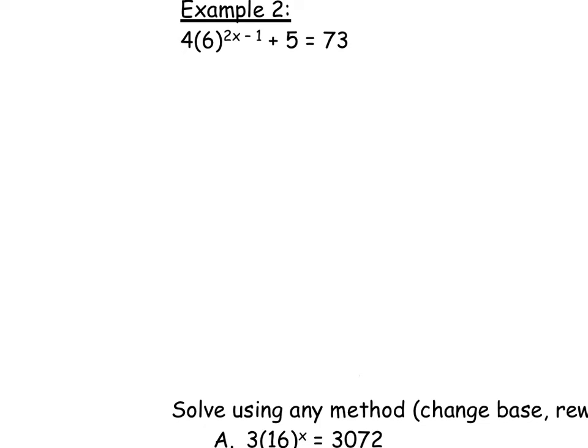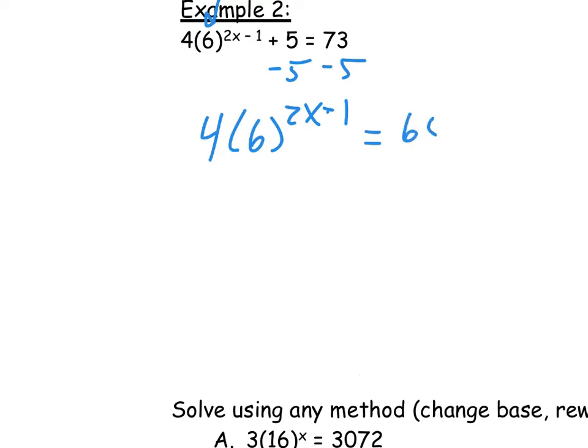So the key is my base right here is 6. So before we can write it with log base 6, you got to get it by itself. So I got to get rid of the 5, so I'm going to subtract 5 from both sides. 4 times 6 to the 2x minus 1 equals, subtracting 5 from that would give me 68.